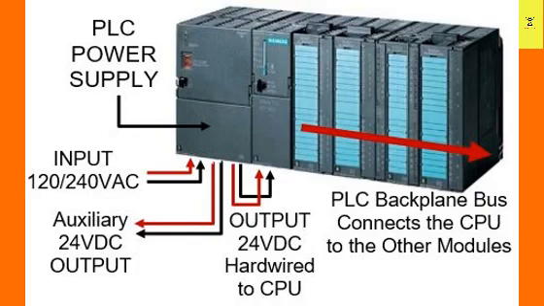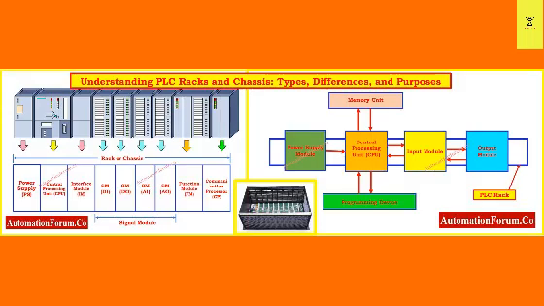ROM and EEPROM store permanent programs and firmware. RAM stores temporary data during operation. Firmware is system software controlling PLC operations.